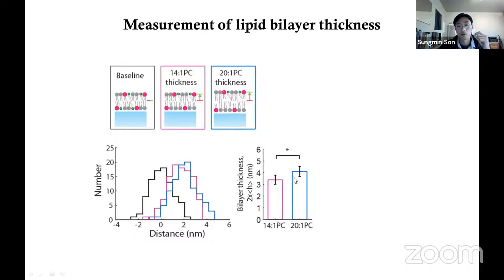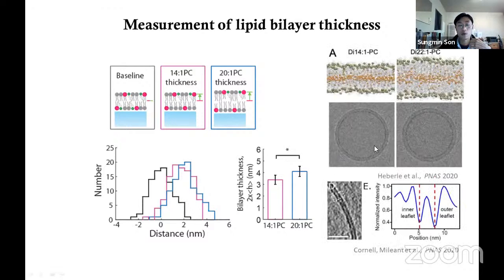And this difference, although quantitatively might not be the most accurate, is in the right trend, and is in a similar order of magnitude with the previous measurement made with EM techniques. There is a recent, very clever EM technique, which I believe gave a journal club in this meeting as well. It really visualized that the thicknesses of these membranes are different, and the numbers are consistent with my measurement.